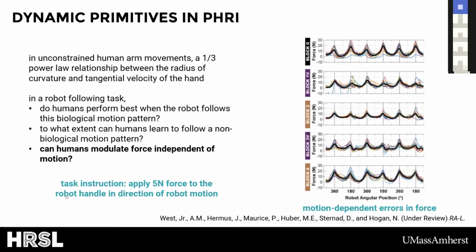What you see here on the right is our force error signals plotted over the angular position of the robot in different conditions, with and without visual feedback. The most important thing you should notice is that you have these very periodic increases or peaks in force. And again, the instruction was to apply a constant 5 Newtons force on the robot.